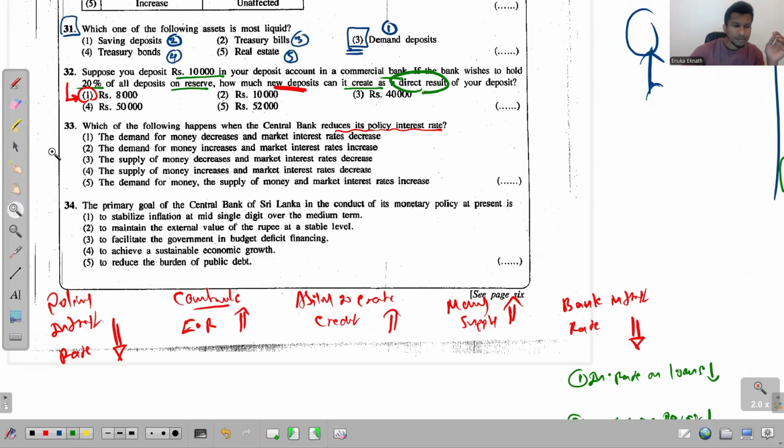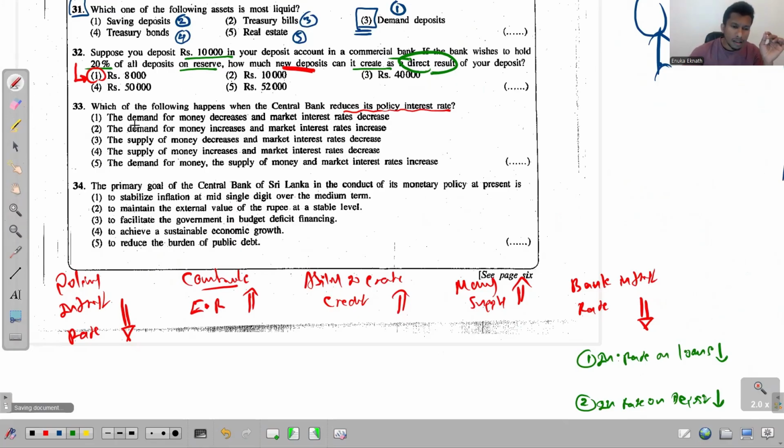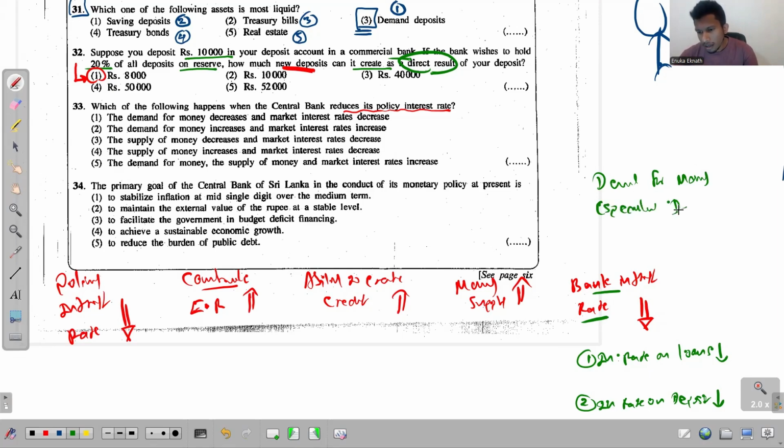options given. Right, the first one: the demand for money decreases and market interest rate decreases. Okay, then අපි දන්නවා මෙහෙම කතන්දරයක්. මොකද්ද? If the interest rate is low, the demand for money, if not specifically, this is the speculative demand for money.